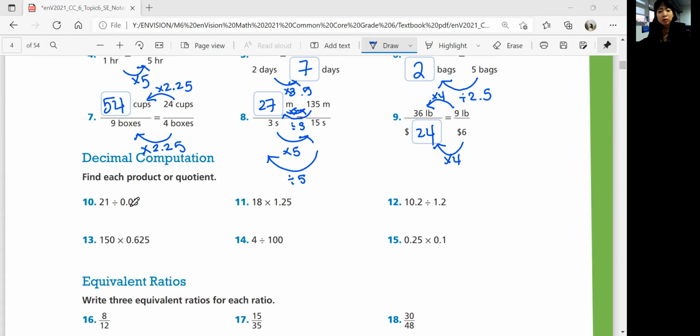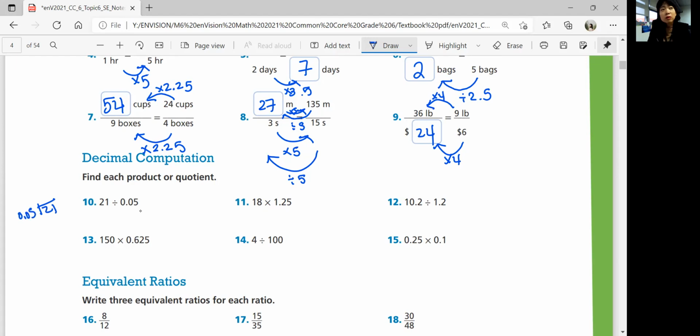How do you know where the decimal point is in the product when you multiply decimals? You count the total number of decimal places in the factors when you multiply them. What about division? Place a decimal point directly above the decimal point in the dividend when you divide. So 21 divided by 0.05.